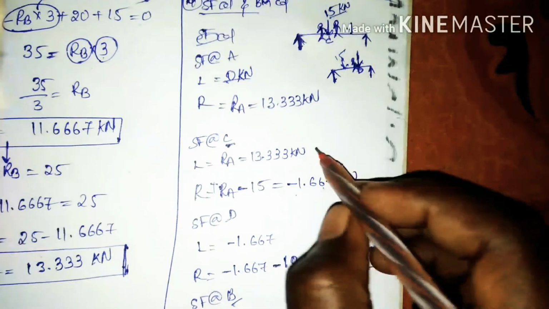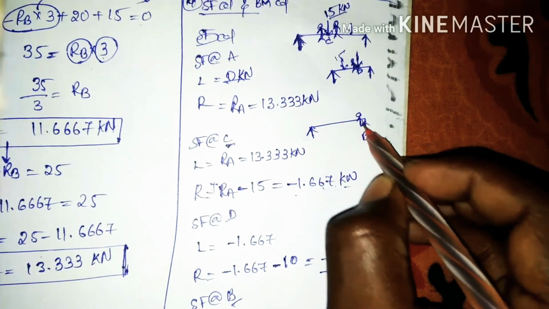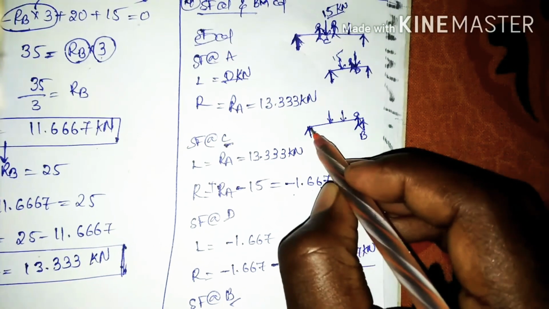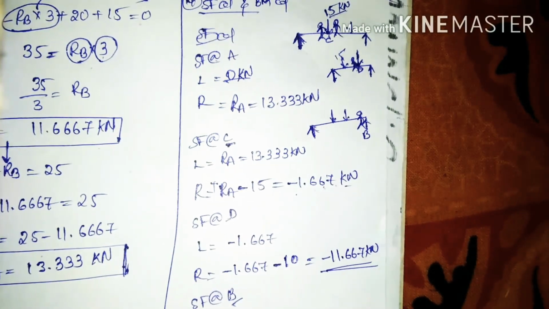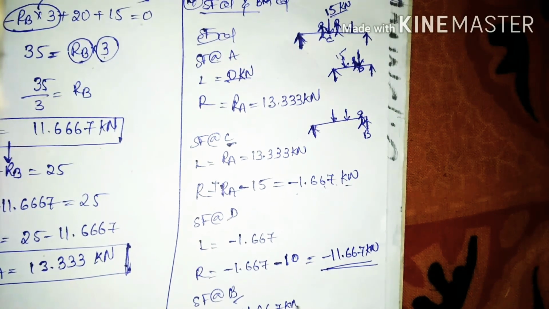And next, we are going up to point B. For the left of B, I find the two loads and a reaction, and the 11.667 is going to continue.